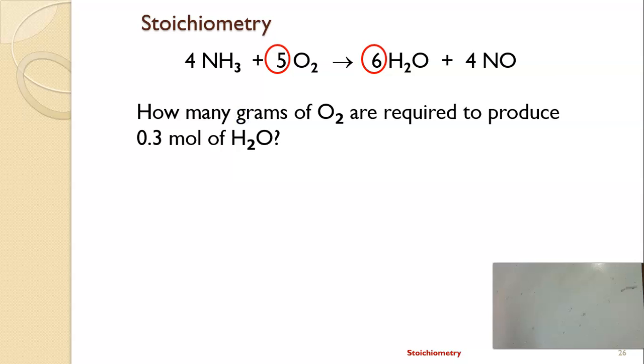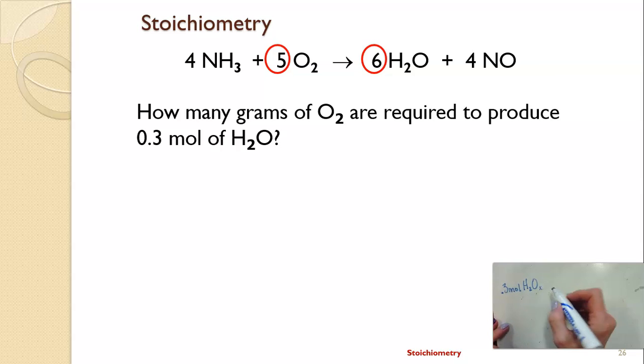All right, how many grams of oxygen are required to produce 0.3 moles of water? Okay, so let's write our given first. You know what? Let's use a different color. Let's go with blue. 0.3 moles of water. Okay, I need to go to grams of oxygen.